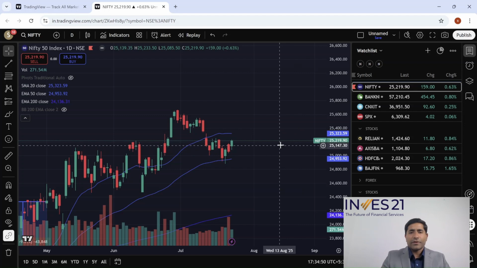This also happens to be an earnings season. There's a lot of action taking place in terms of earnings, and you can track them. A lot of large caps are reporting their earnings in this quarter, and it's quite interesting to have an in-depth look at them as well.